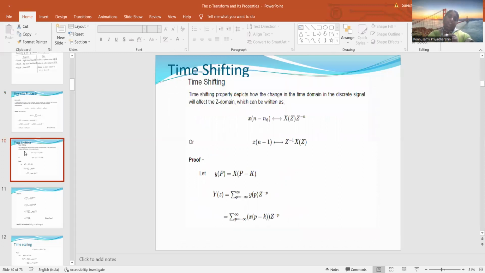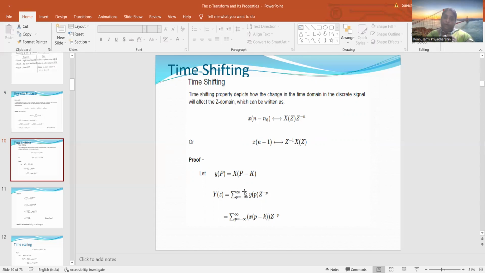The next property is the time shifting property. The time shifting property depicts how a change in the time domain of the discrete-time signal affects the z domain, which can be written as x of n minus n naught tends to z to the power of minus n naught X of z. So if I have x of n minus 1, this can be written as z inverse X of z.